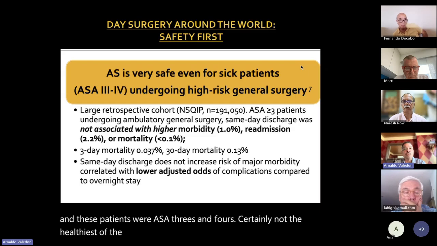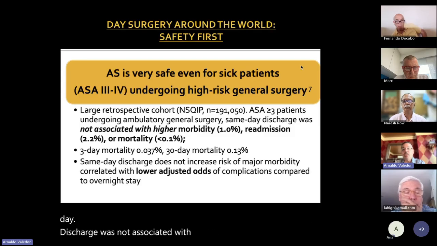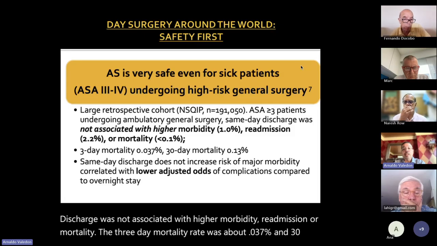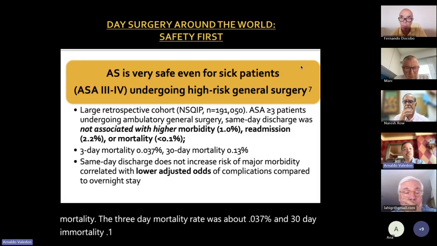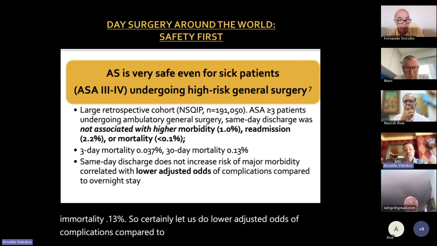And what it showed us was that the same day discharge was not associated with higher morbidity, readmission, or mortality. The 3-day mortality rate was about 0.037%, and 30-day mortality 0.13%. So certainly that led us to lower adjusted odds of complications compared to overnight surgery.